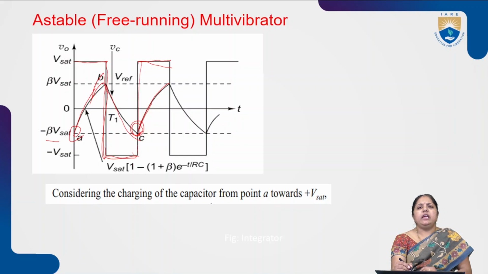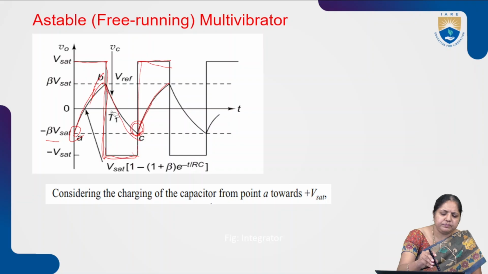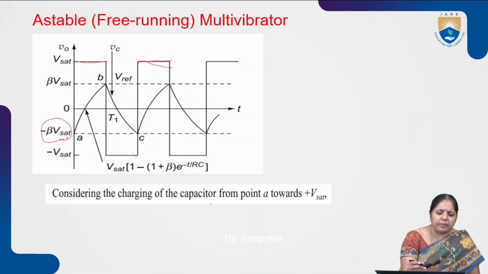Okay, now I need to find the frequency. To find the frequency, first consider point A. At point A, minus beta Vsat is the actual voltage across the capacitor, but the capacitor has to charge to the maximum value of plus Vsat.